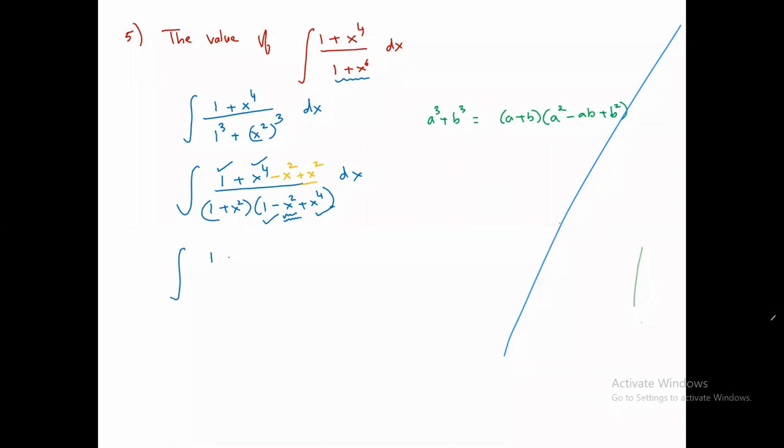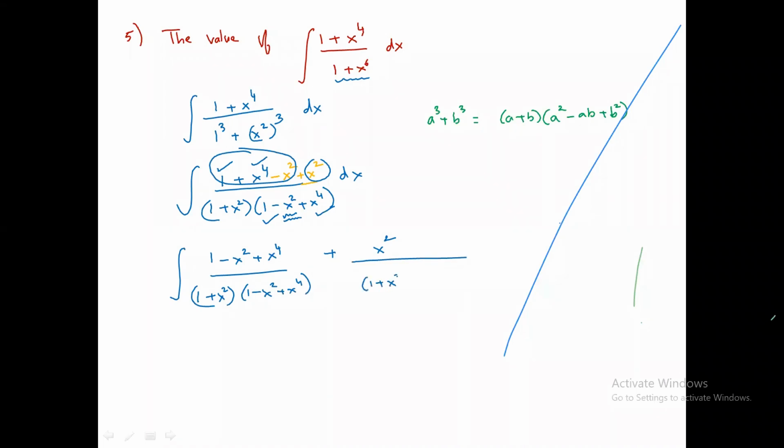First fraction, I can write 1 minus x square plus x power 4, and this plus x square I can separate. Numerator, this part I'm taking separately, this part separately, so that in denominator, I will have 1 plus x square into 1 minus x square plus x power 4 dx, here also 1 plus x square into 1 minus x square plus x power 4 dx.